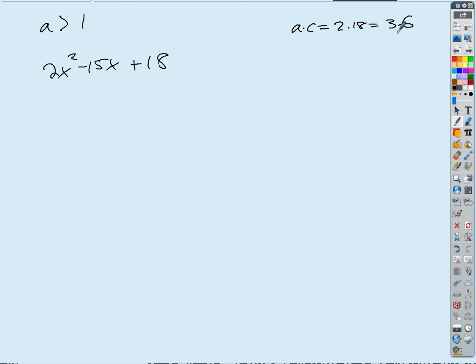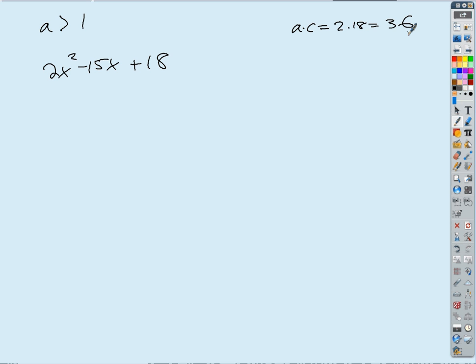Then you gotta find magic numbers that multiply to AC and add to B. So what numbers would multiply to 36 and add to negative 15?